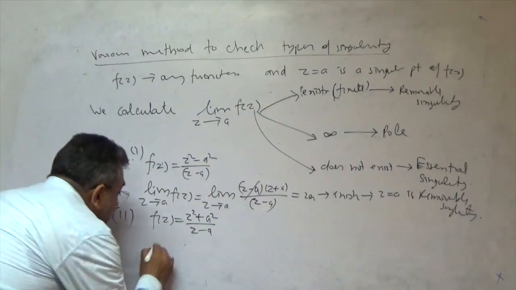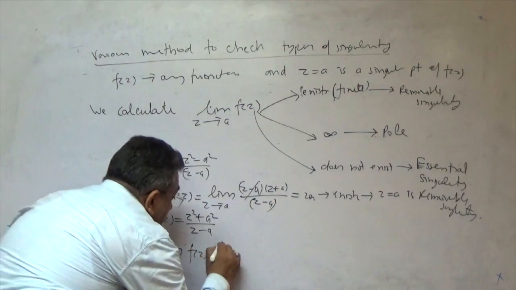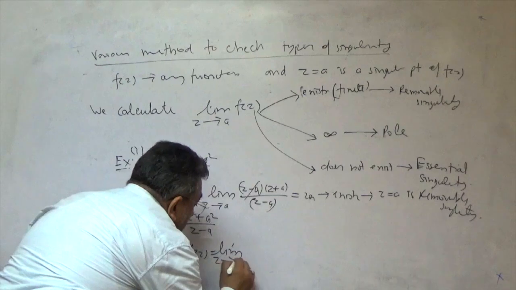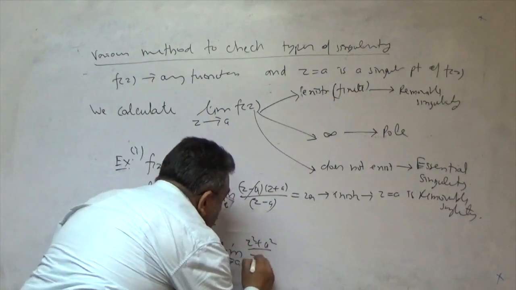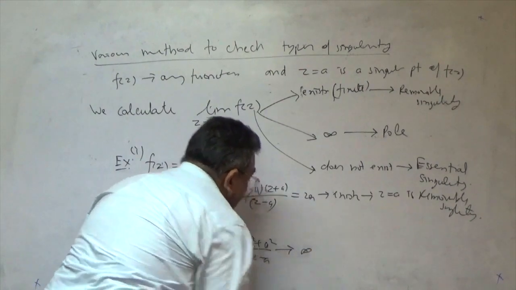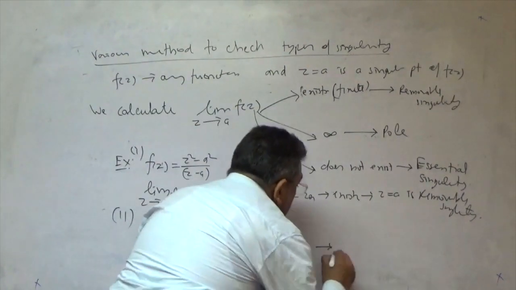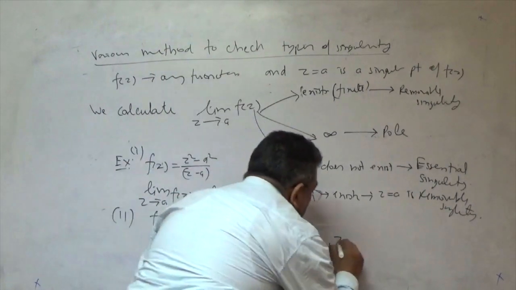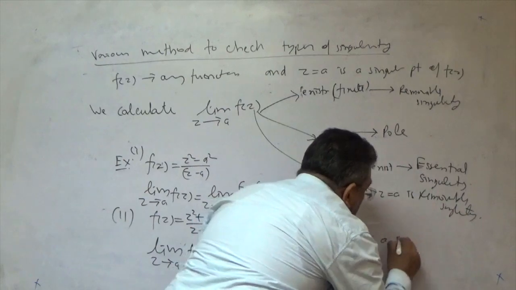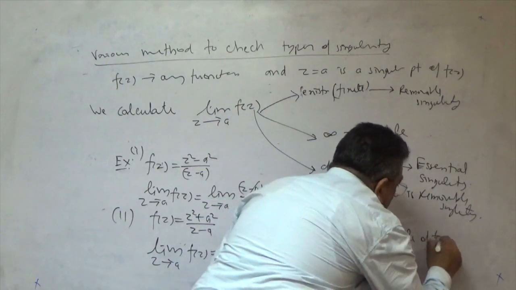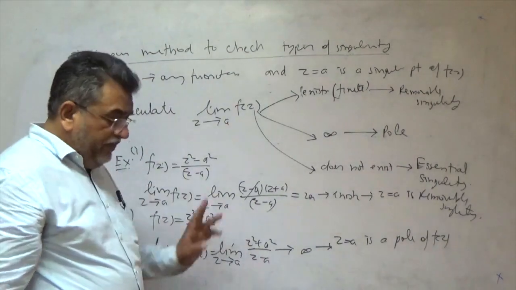If you calculate the limit as z tending to a, it becomes infinity. That means the limit is infinite. So here we can say that z equal to a is a pole of f(z), and naturally there is a factor of power 1, so it is a simple pole.